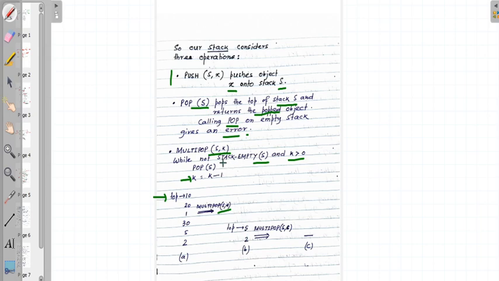That's it. That's why the condition is there: there might be a situation where the stack consists of 2 elements and I am trying to pop 4 elements. So always we have to check whether the stack is empty or not, and also whether k is greater than 0.